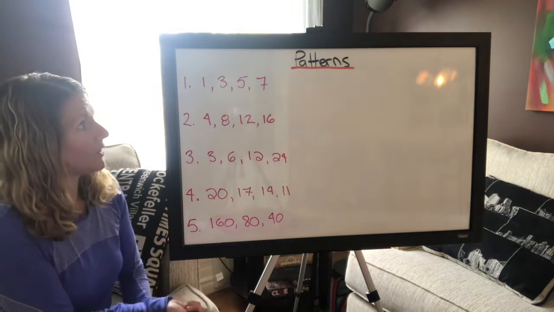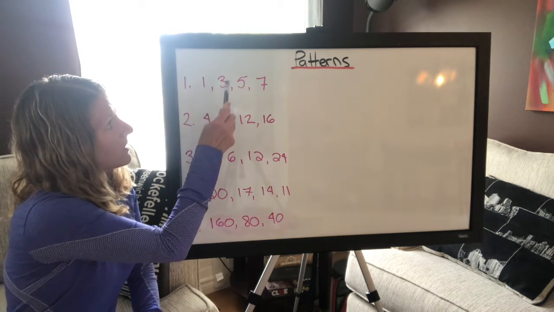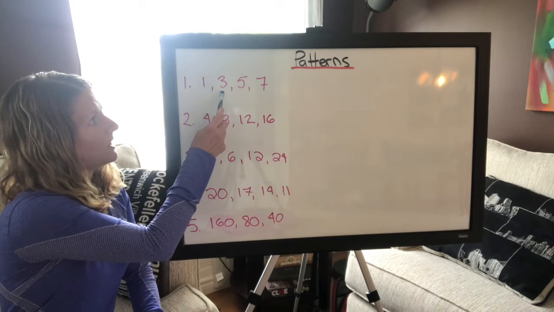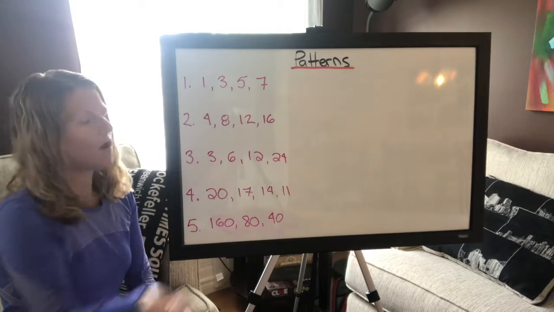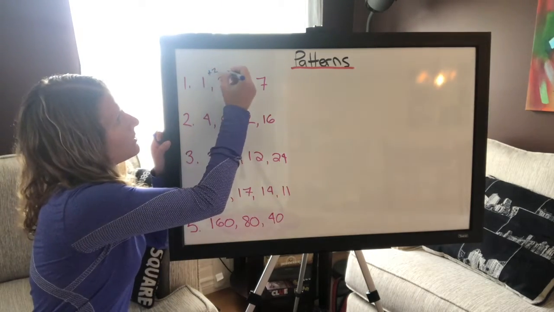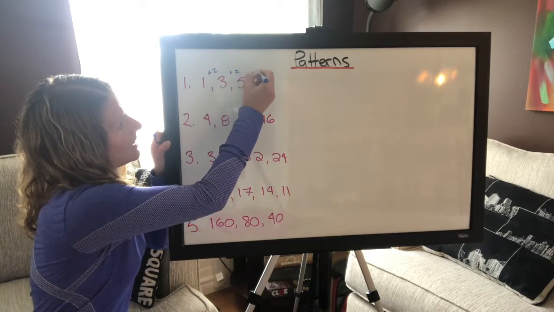For the first one, we have 1, 3, 5, 7. What did we do to 1 to get to 3, 3 to get to 5, 5 to get to 7? Well, it's a pretty simple one. All you're doing is adding 2, adding 2, adding 2.